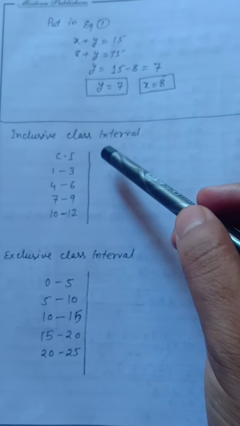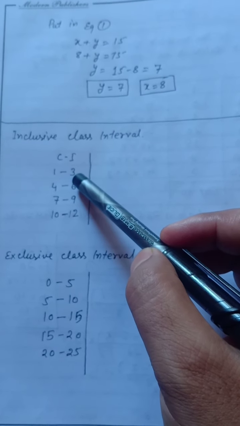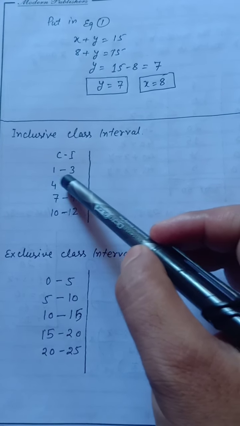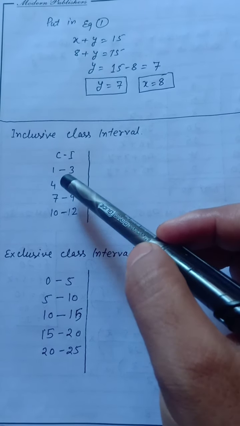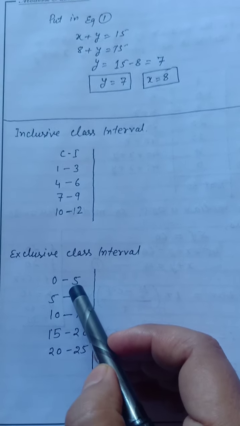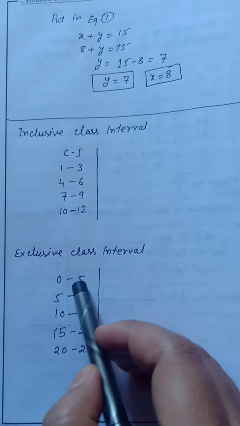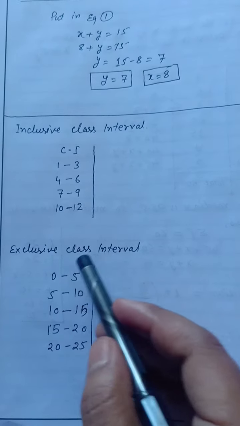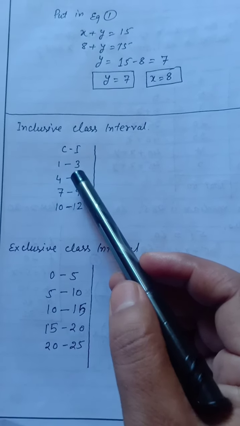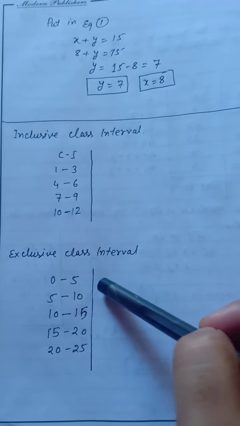In many questions you can see the class interval in which the upper limit is also included, that is called inclusive class interval, and in which the upper limit is not included, that means the upper limit is excluded from this interval, that is called exclusive class interval. Now this kind of problem we can solve only by converting it from inclusive to exclusive.